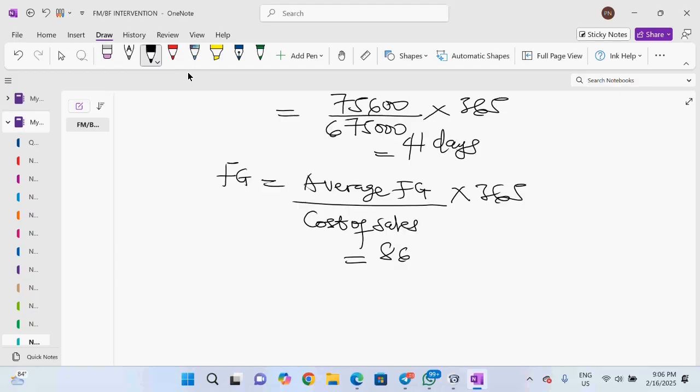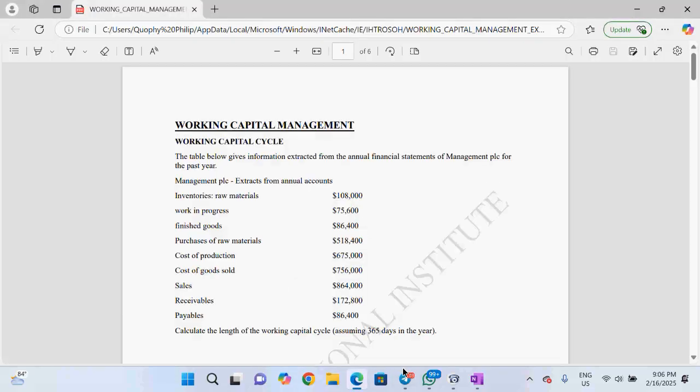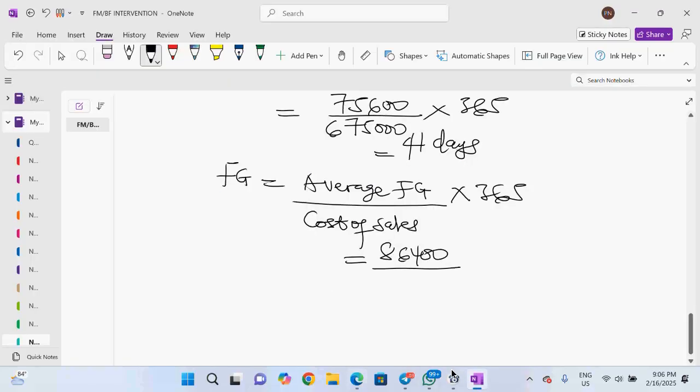All over cost of sales. What is our cost of sales? Cost of goods sold is the same as cost of sales. So that is 756,000. So 86,400 over 756,000 times 365 days. How much are we getting? 42 days.